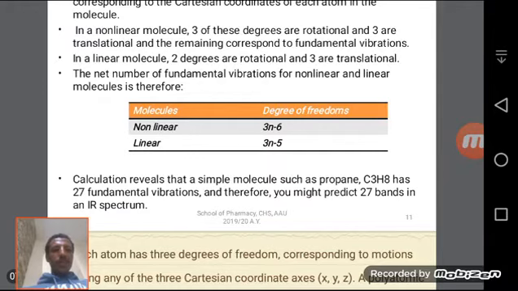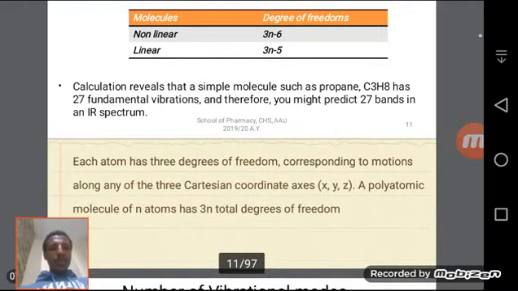As a result, we subtract from the fundamental remains 3n minus 5. For example, calculation reveals that simpler molecules such as propane has 27 fundamental vibrations, and therefore you may predict 27 bands in the IR spectrum, because propane is non-linear, and 3n minus 6 applies, where there are 3 carbons and 8 hydrogens.